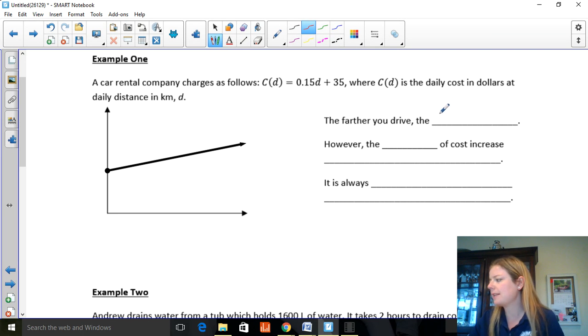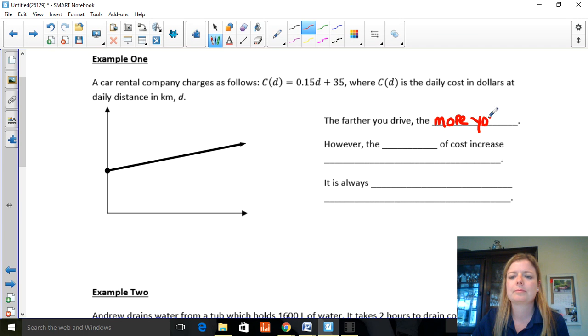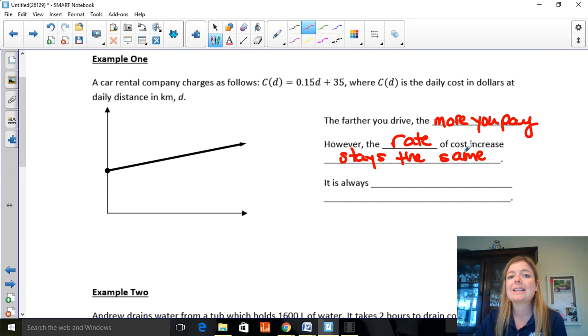So in this case, the farther you drive, the more you pay. Right? So if you are driving 100 kilometers, you're paying a lot more than if you only drive 5 kilometers. But the rate of that cost increase stays the same. So the amount that your cost is changing by every kilometer stays the same no matter how many kilometers you drive.